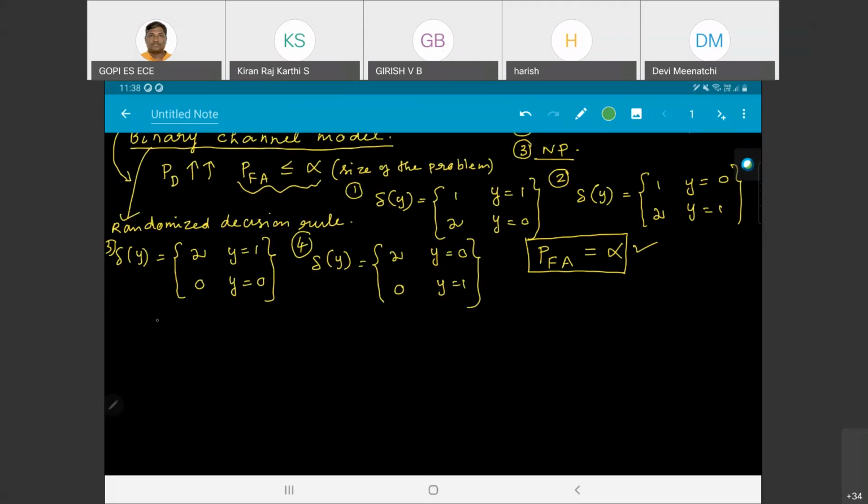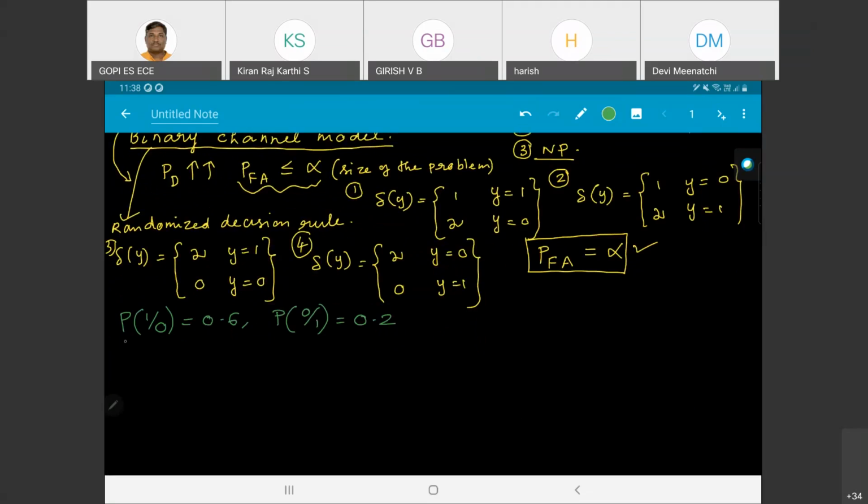Let us consider the binary channel model with these characteristics. Probability of 1 given 0 is 0.6. Probability of 0 given 1 is 0.2. Right?